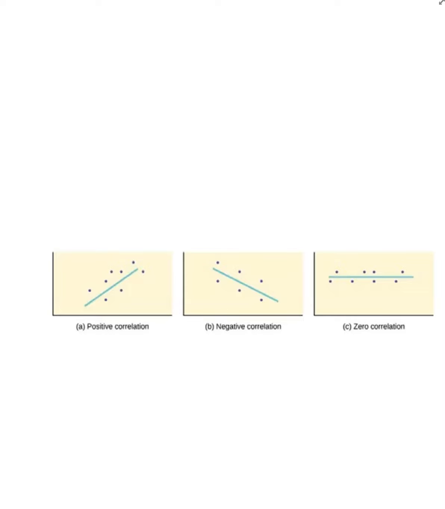So here's a picture of three possible conditions, right? You have the left picture. This is a positive correlation. To give the definition in mathematical language, we say as x increases, y also increases.